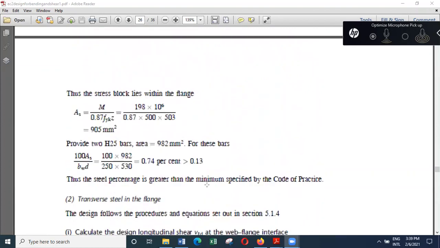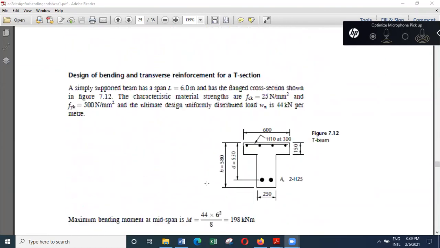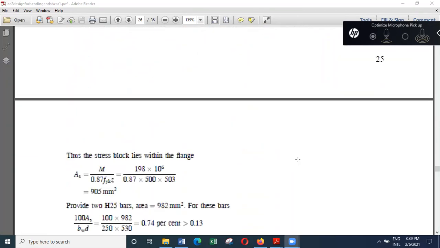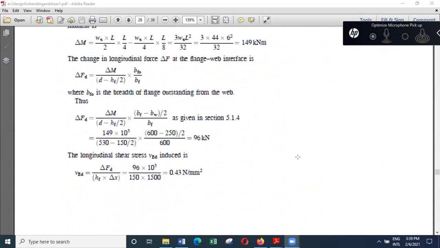And the span of the beam is 6 meters, so L by 4 is 1.5 meters. Which means we can find the longitudinal stress induced between the flange and the web, and that is total force difference divided by the area.